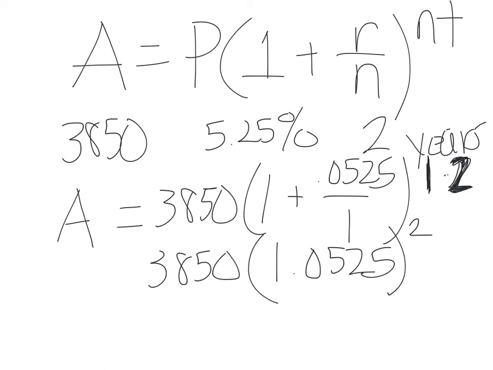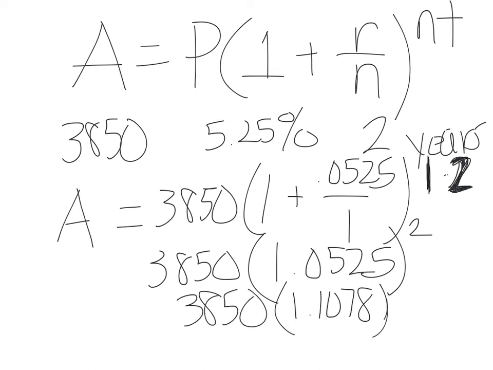And when I do that, I get 1.1078, and then that's times 3,850. So again, I did this square first. I just took 1.0525 times itself and got 1.1078.